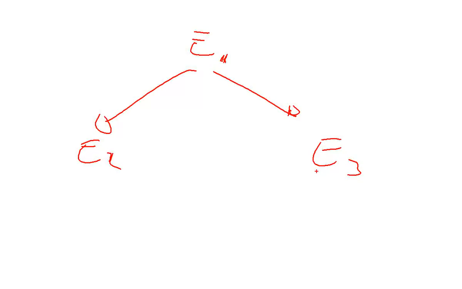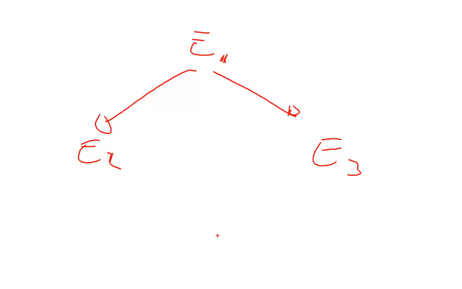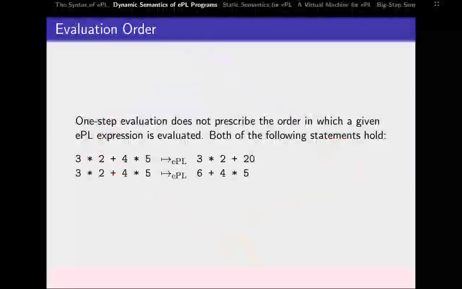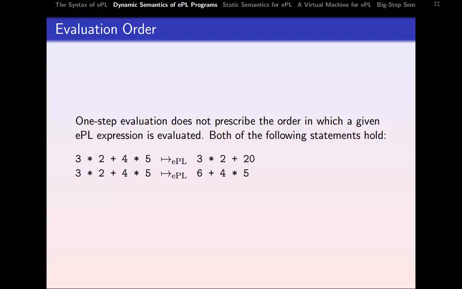And the property that we would like the language to have is that if I can get to this E4 from E2, and if E4 is an expression that cannot be further simplified, then it must be the case that there's a sequence of steps that lead me from E3 to E4 as well. Okay, it's called the diamond property. Obviously, there's a diamond there. It's a property we generally like and want to have of a language.